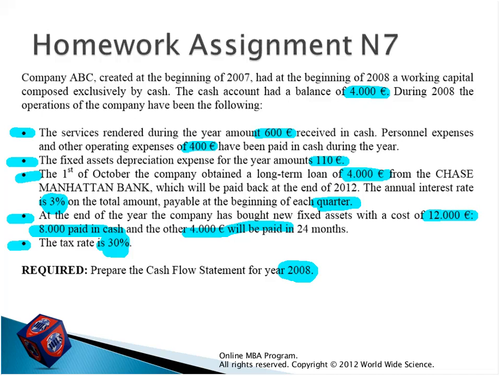What was done previously or will be done in the future, we won't consider. So this is the assignment. I know it seems complicated, but I would like to ask you to try to solve it, and at the next class we will have a discussion with the right solutions. Okay?